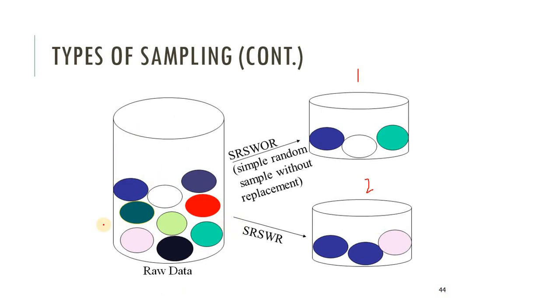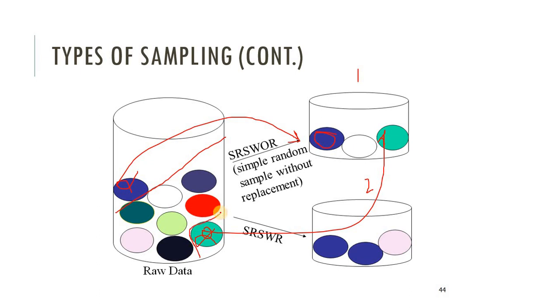Suppose this is the raw data. Let's start with sampling without replacement. Suppose I choose the blue item and put it in the bucket. When I choose this blue data, I remove it from the data set. Now we have only these data items. Then I choose another one, put it in the bucket, and also remove it from the data set. Now we have only this many data items left. I choose another, and then remove it from the data set.